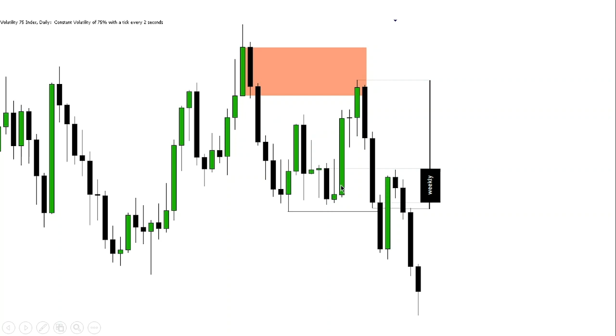So what does price go for? It goes for buy side liquidity and then sells off on that bearish order block. And then of course, it's reaching for the sell side liquidity, but it closes just above that low. Now bear in mind what price does each week that we're reviewing.